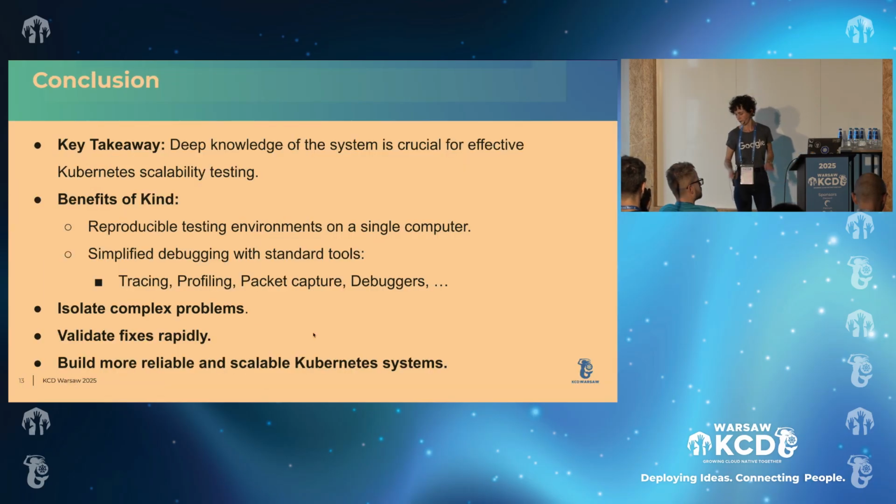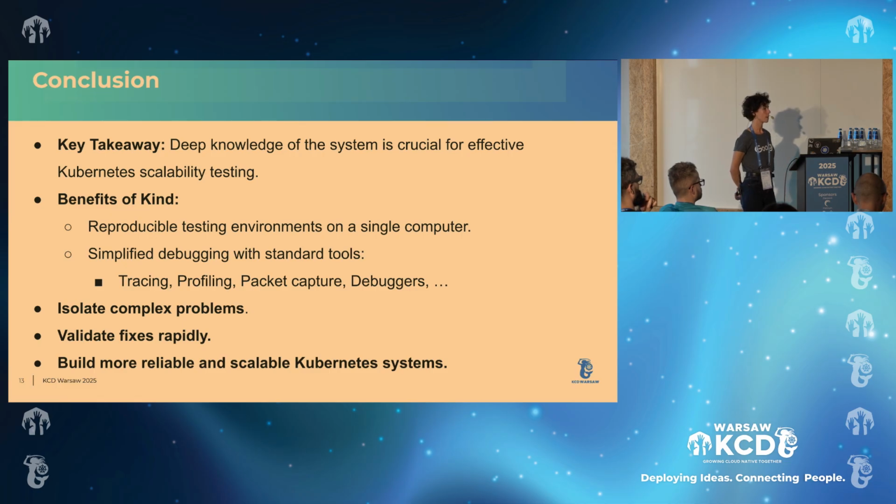Okay, so to sum up, testing is very important to be confident about our system and how we can use it. We should be aware of our thresholds and limitations for our system.